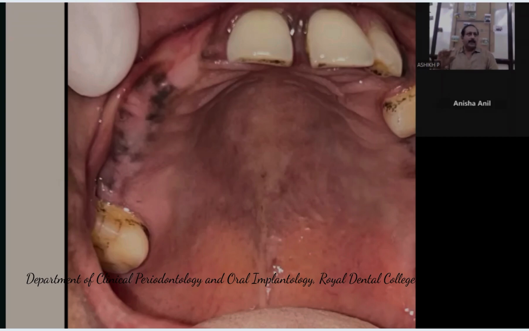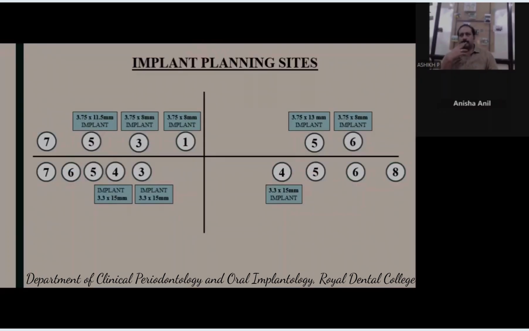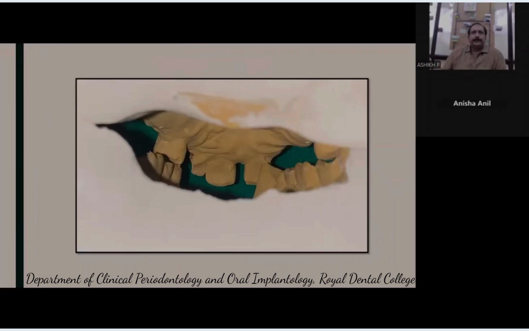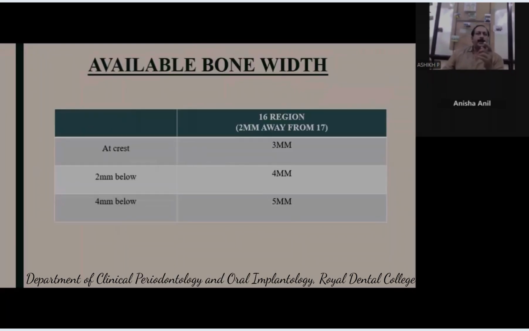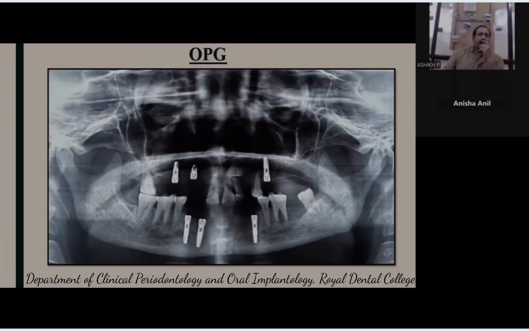So, considering all those things, let's see the X-ray. IOPA. Or let's see the panoramic once more. So that's where the present implant is placed, right? Not the present one, whichever implant you have placed, that is in this position.